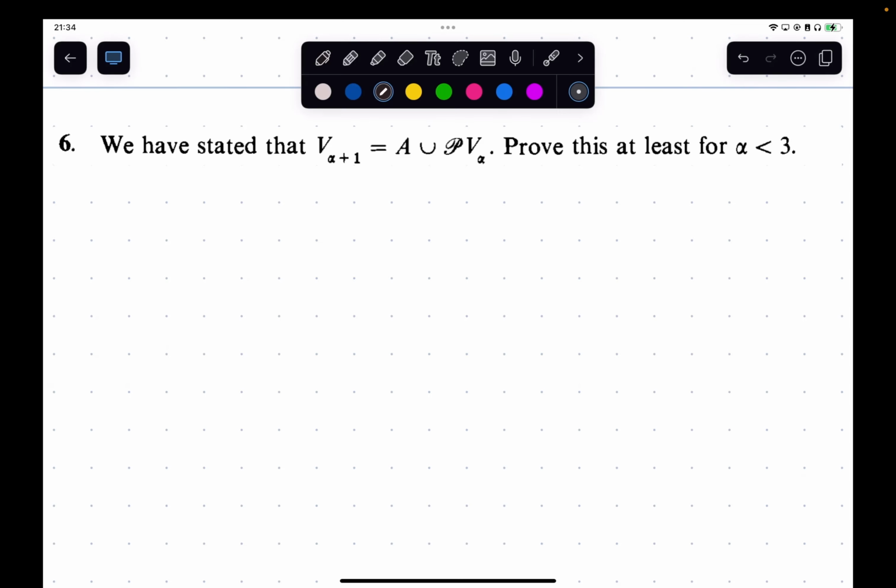I forgot about this when I was first doing this exercise, but on page 9, Enderton says that A equal to V0 is equal to the empty set, because in the textbook Elements of Set Theory, we are not going to consider atoms.